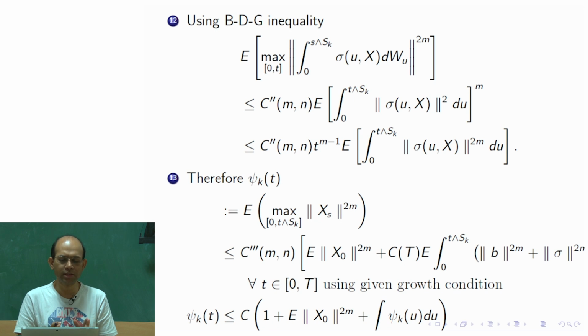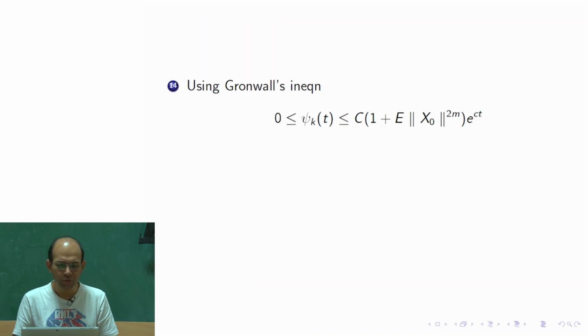Fatou's lemma says that the limit of integration of a non-negative random variable is greater than or equal to the integration of the limit of the integrand. Expectation is our integration here, correct.